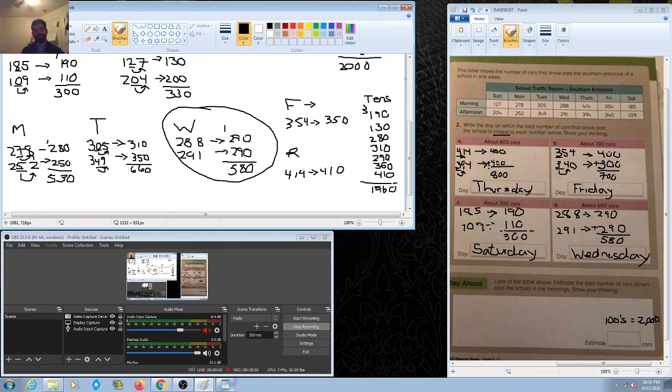So we get 1,960 as our estimate for the tens. And you can see that that's pretty close to our estimate from the hundreds.